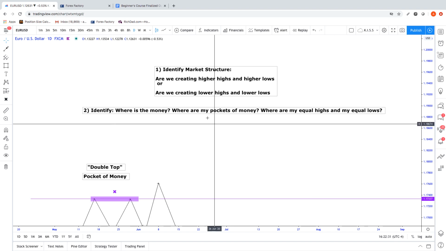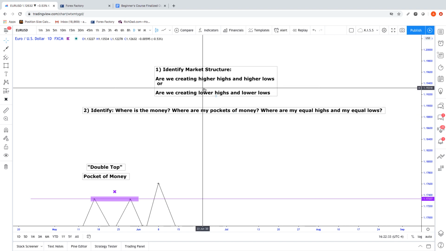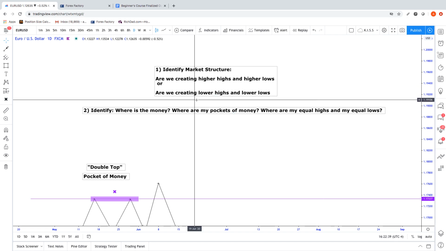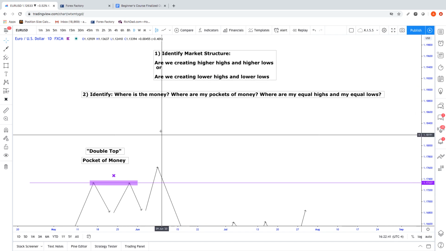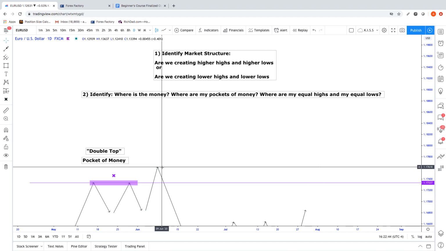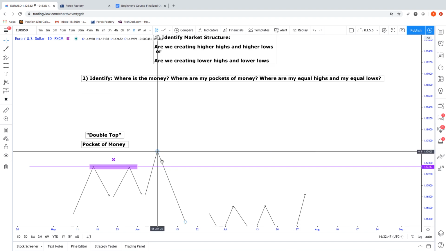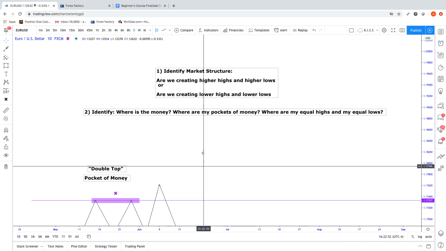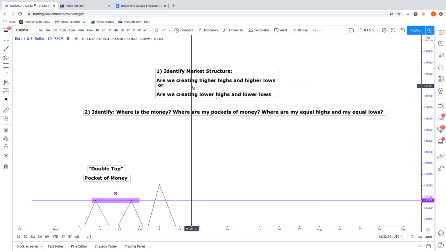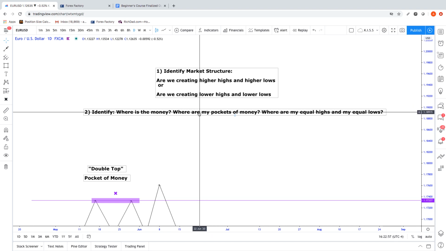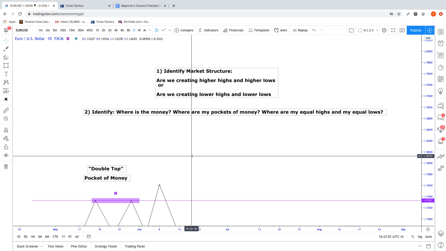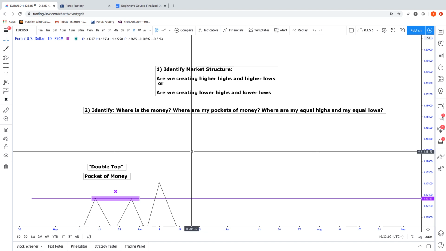But you will not be able to apply advanced concepts if you don't understand these two critical basic concepts. So we don't even need right now, guys, to worry about what to do, how to enter, right? We really need to focus on these two elements: identifying our structure, our trend, and identifying the money within the market. I still do these exact same two steps when I open up a chart.